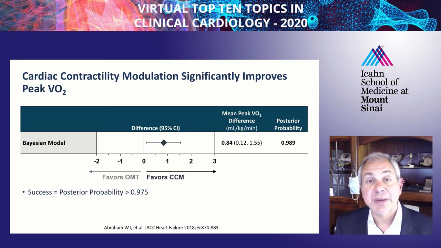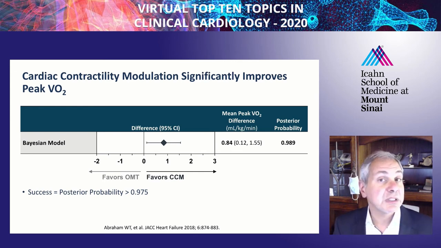You can see that compared to control patients, the CCM patients had on average a 0.84 ml per kilogram per minute improvement in the peak VO2.